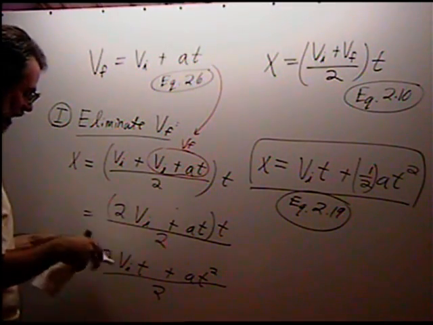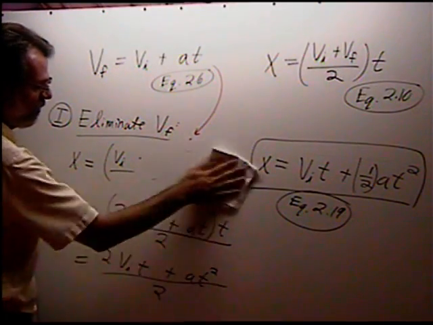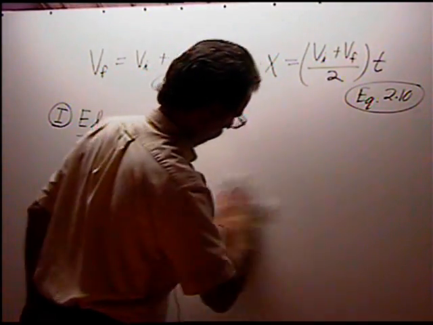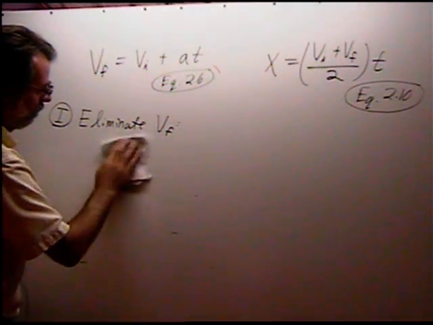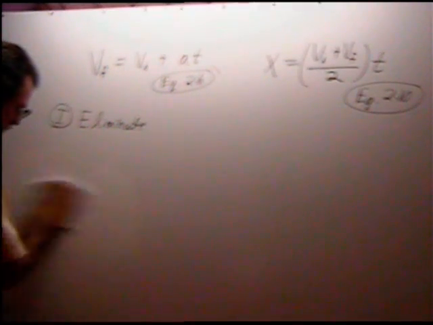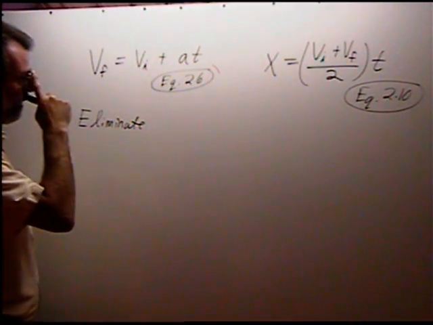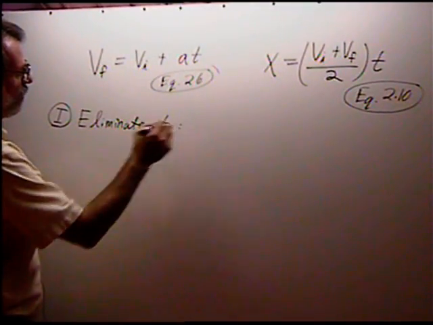So now what we're going to do, I'm going to erase this, and we're going to solve these two equations in a slightly different way. Okay, now what we're going to do is, this time we're going to eliminate t from both equations.